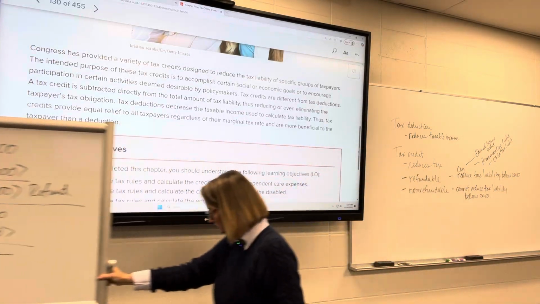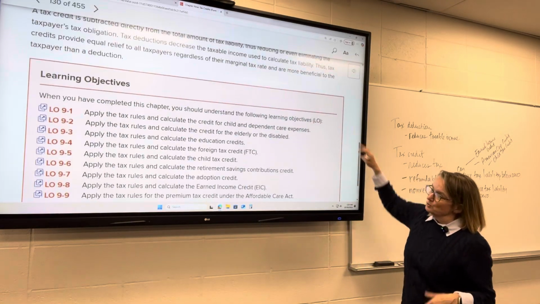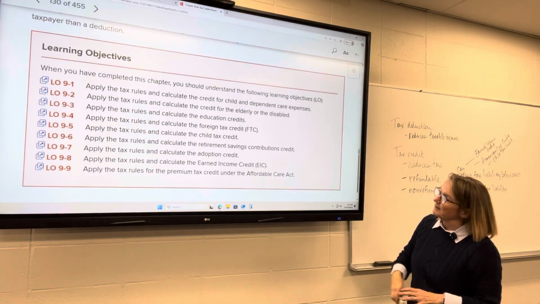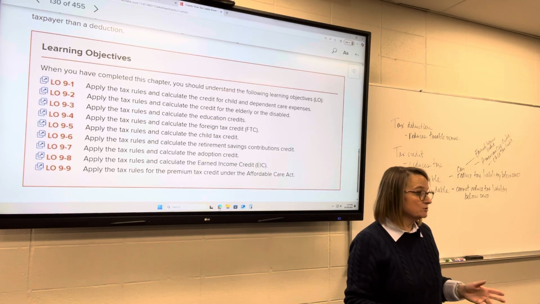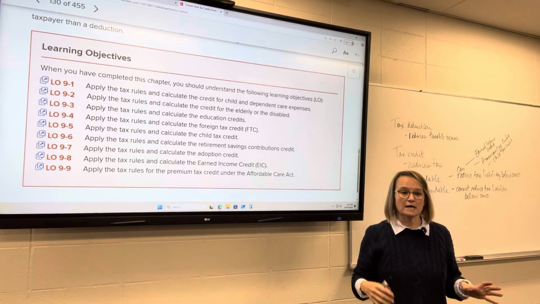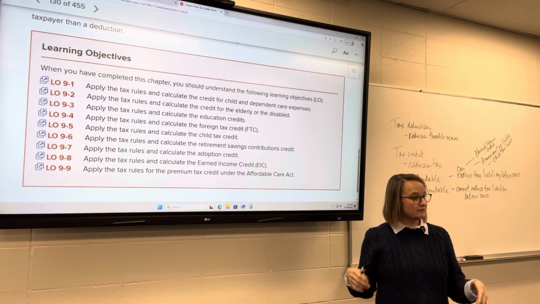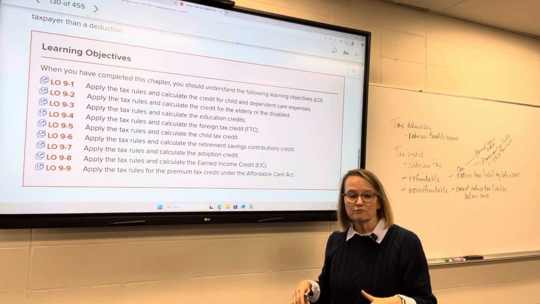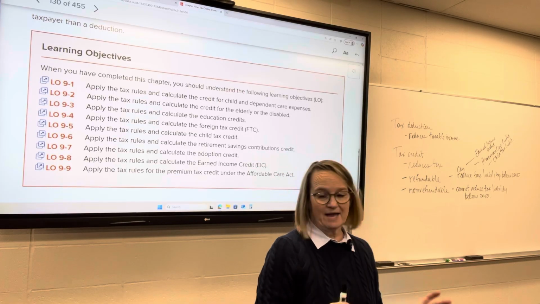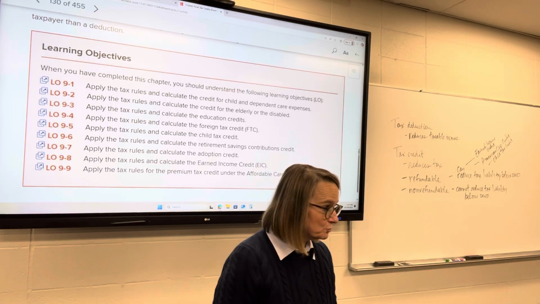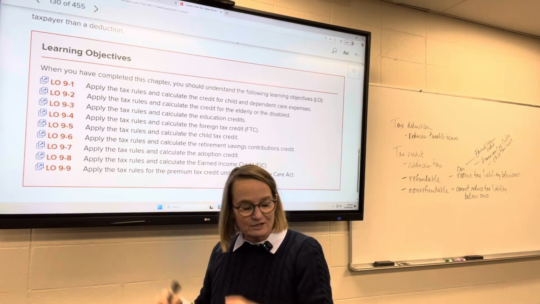Okay, so let's take a brief intro to the credits that we're going to talk about. Child and dependent care credit is the first one we're going to look at. It has to do with a credit for amounts paid for qualifying expenses on behalf of qualifying individuals to qualifying child care providers.